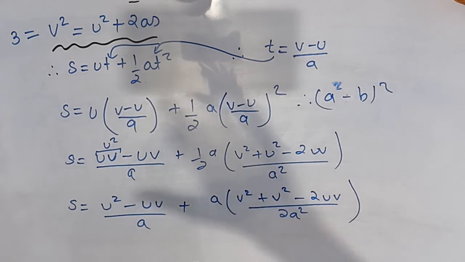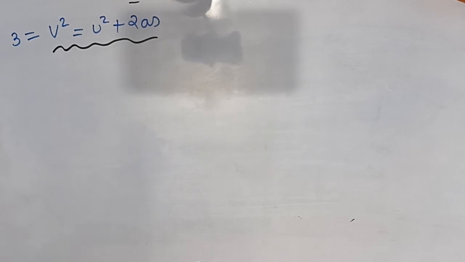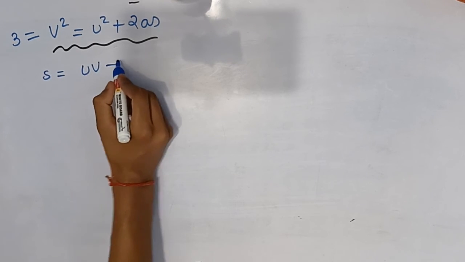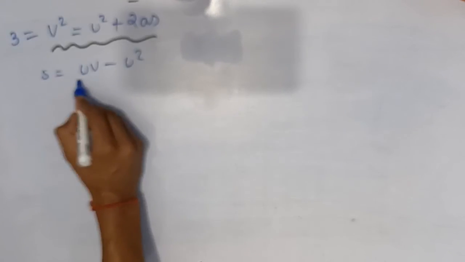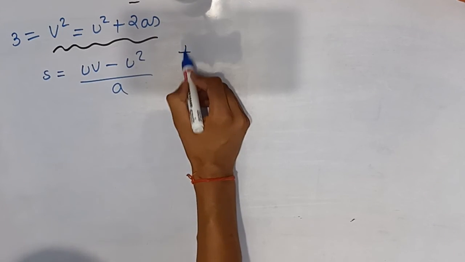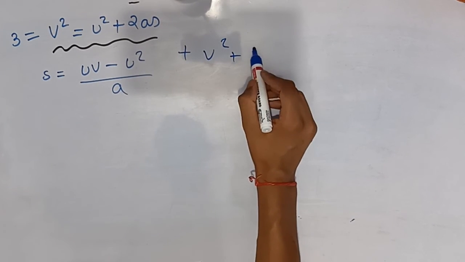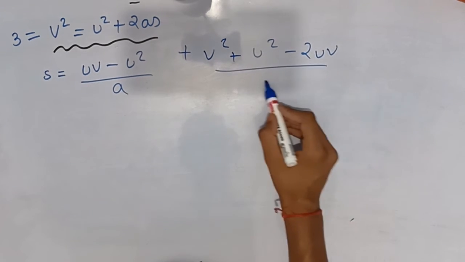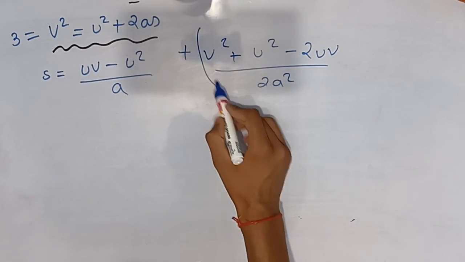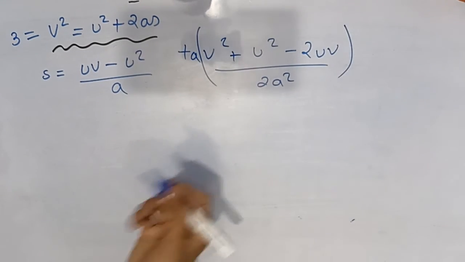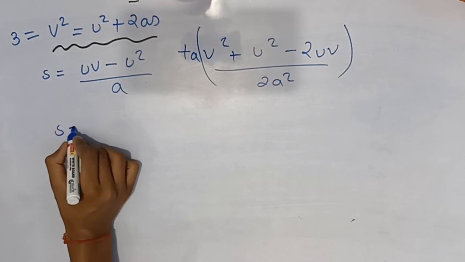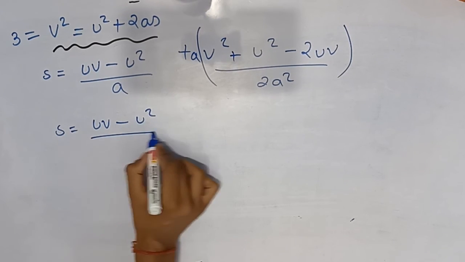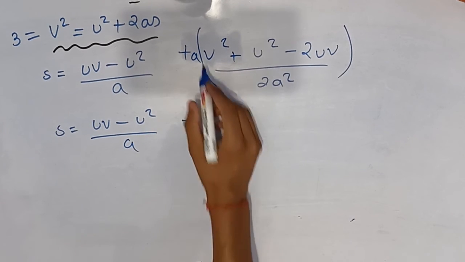First let me erase my board. So we got s = (uv - u²)/a + (v² + u² - 2uv)/2a.